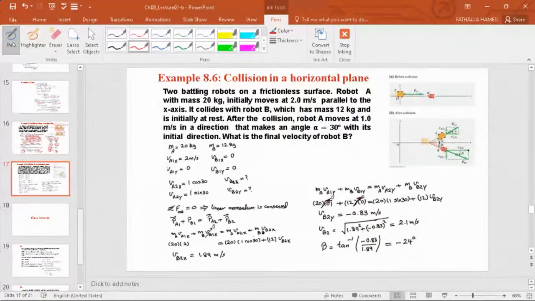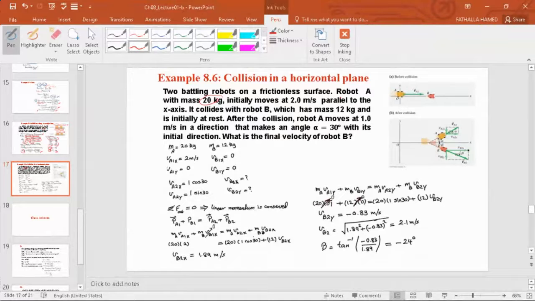We have here an example, also a system, and we can deal with it in 2 dimensions as well. Two battling robots on a frictionless surface. Robot A with mass 20 kilograms initially moves at 2 meters per second parallel to the x-axis.